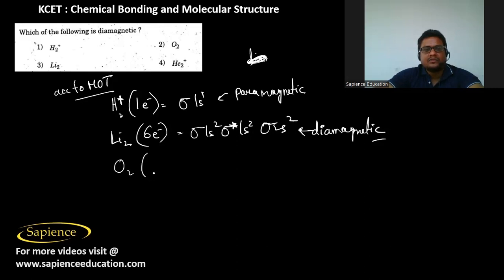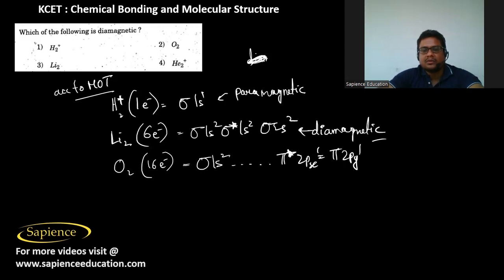And in case of O2 also, as we know, it has got 16 electrons, and at the end we have pi star 2px1 equals pi star 2py1. So here we have two half filled molecular orbitals, so it is paramagnetic.